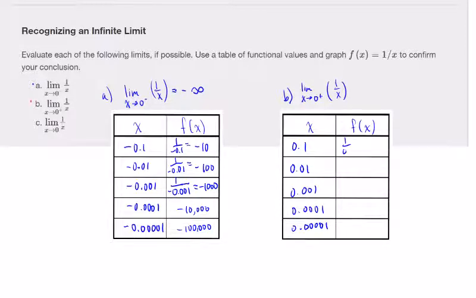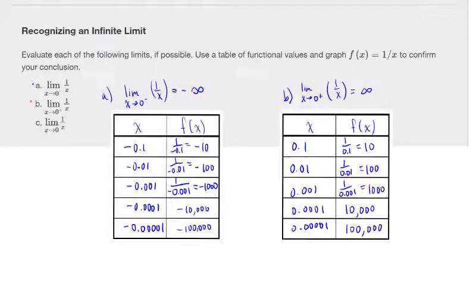So if I do 1 over 0.1, I'm going to get 10. If I do 1 over 0.01, I'm going to get 100. And so forth and so on. So then 1,000, and then 10,000, 100,000, and this will just keep going up and up forever, right? And so that means this is going to approach positive infinity.